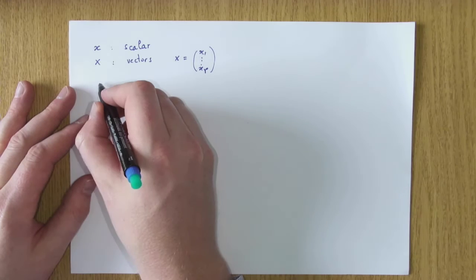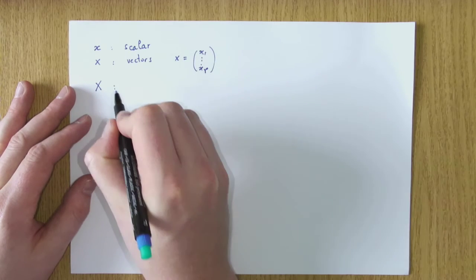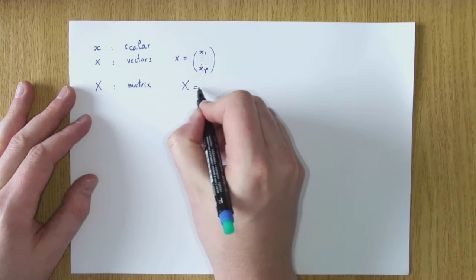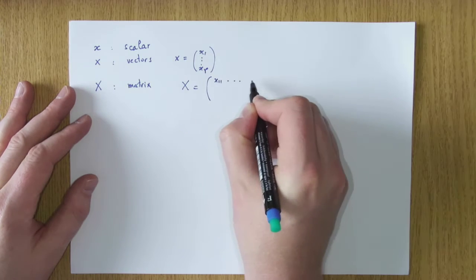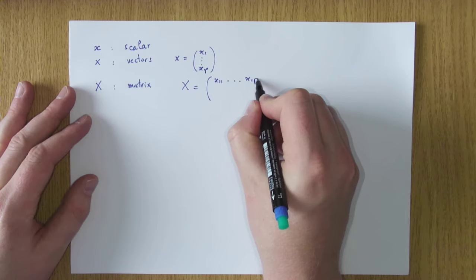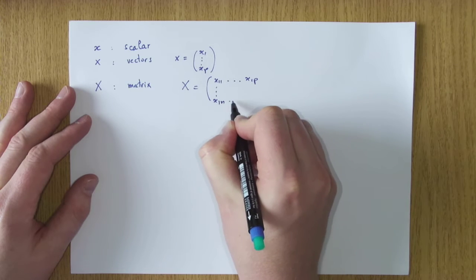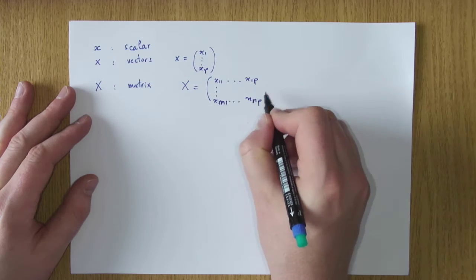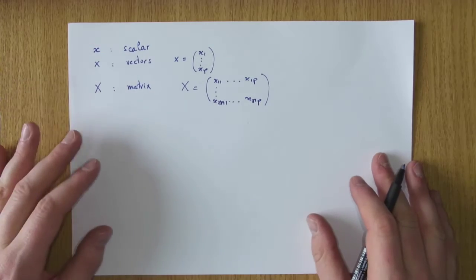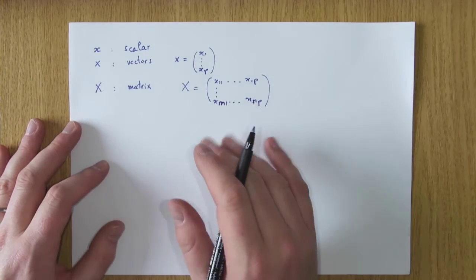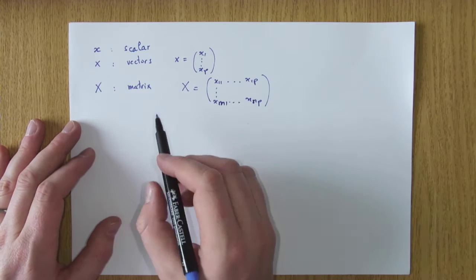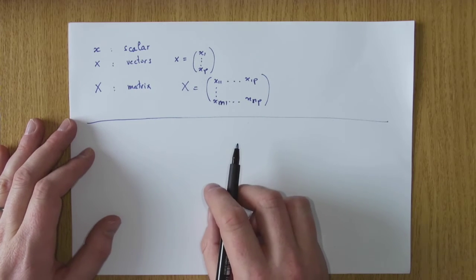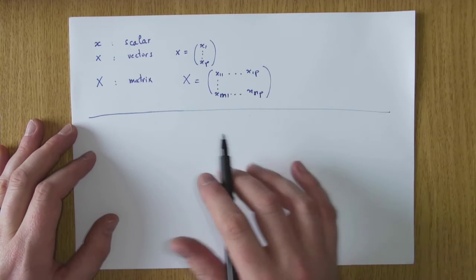And I use capital X for matrices, so capital X would be a matrix like that, with n rows and p columns. So that's the notation: scalars, vectors, matrices. Let's see what we have in our case.